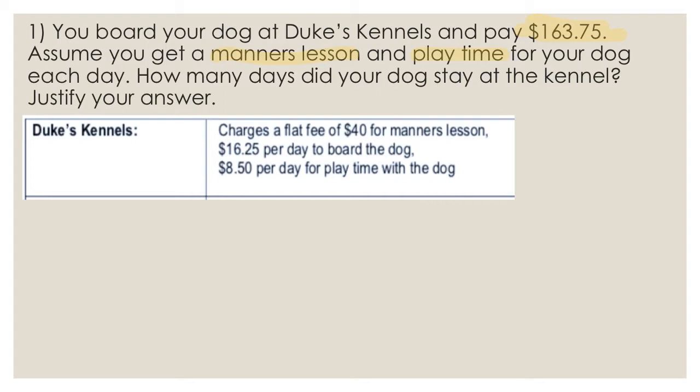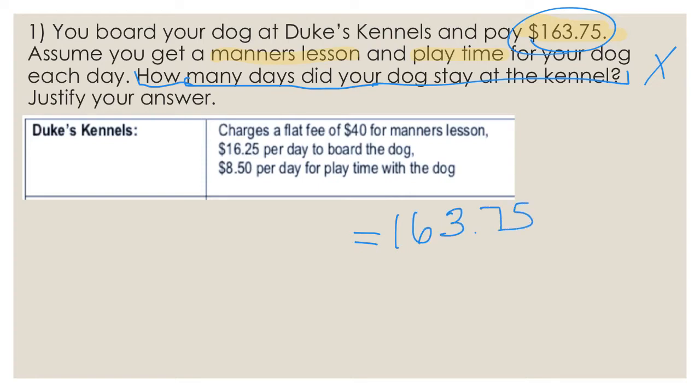Our variable is going to represent how many days did your dog stay at the kennel, and I'm going to use X to represent it. So I know I spent $163.75, so whatever it is, it's going to end up equaling $163.75.